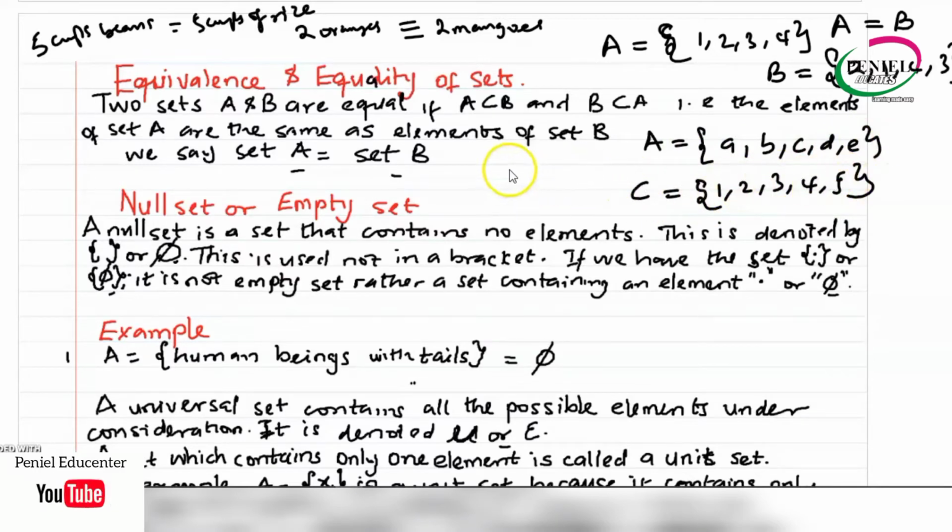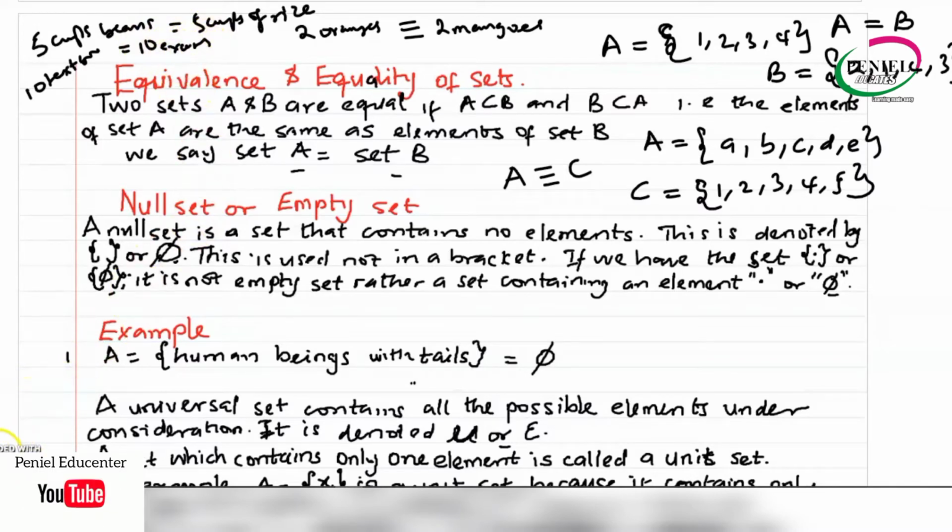So we can say that A is also equivalent to C. Okay, so we can also say that 10 textbooks are equivalent to 10 exercise books.